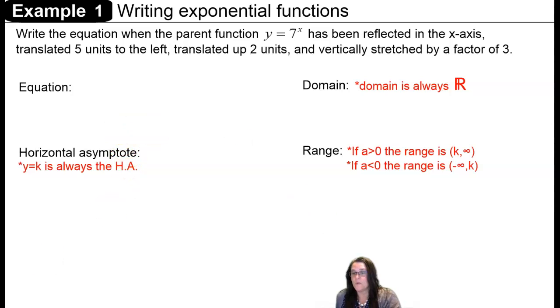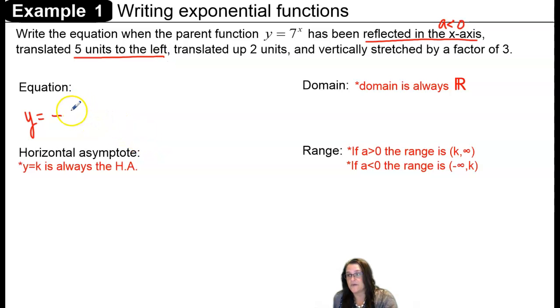Okay, now example 1 in the notes, we want to write the equation when the parent function of 7 to the x has been reflected in the x-axis. So we know that we're starting out with a negative in the front, right? Reflected in the x-axis means the a is negative. Okay, it needs to be translated 5 units to the left.